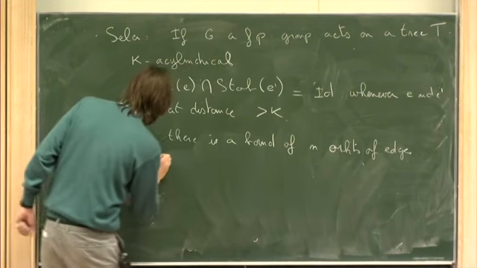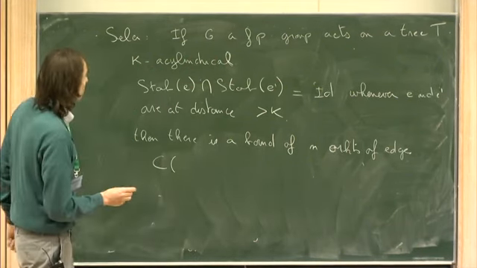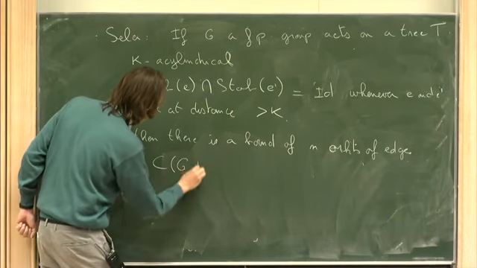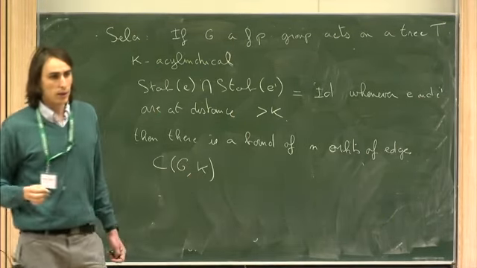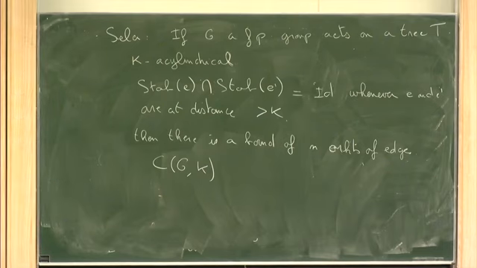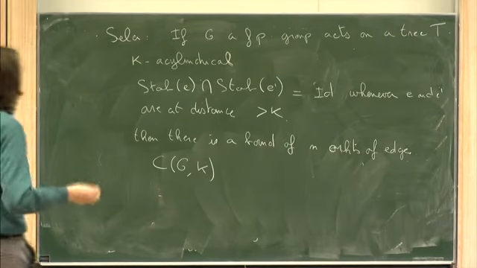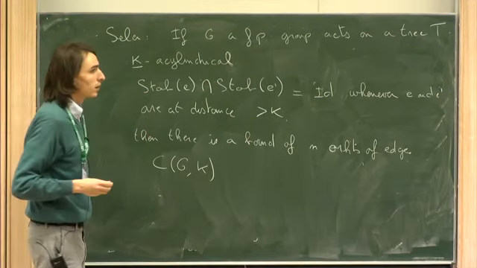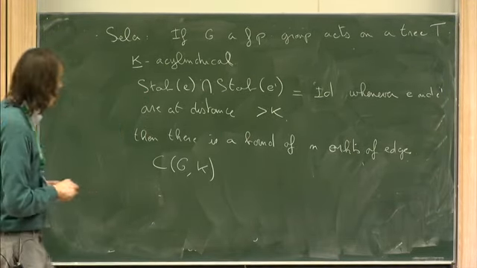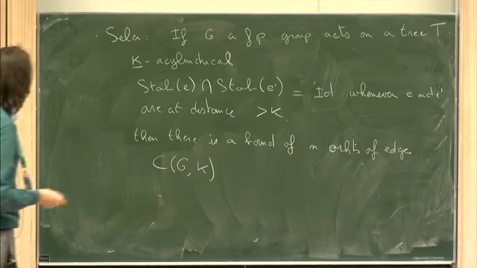The bound here depends on G, and of course depends also on the K acylindricity constant.